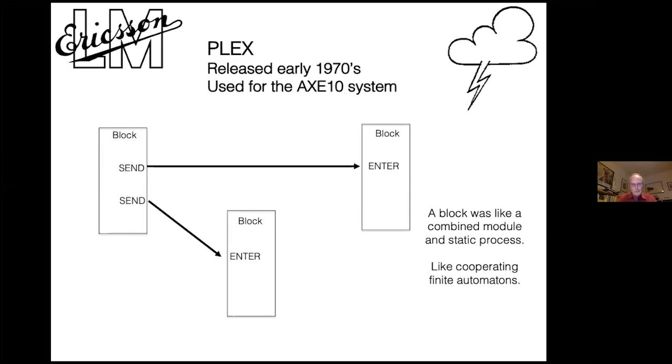etc. But in the early 1970s, Ericsson released this AXE system, which became hugely successful, sold to about 110 different countries. And it was programmed in a rather simple high-level language. But the cleverness wasn't what you saw immediately.